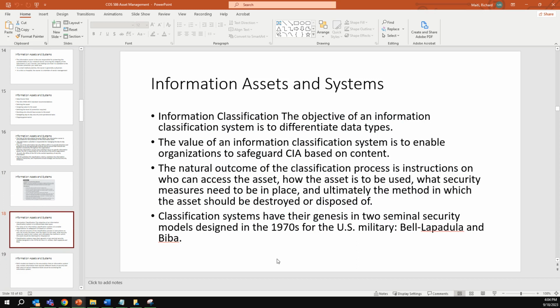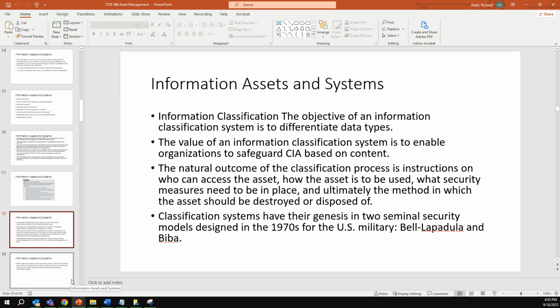Information classification: the objective of an information classification system is to differentiate data by the value of the information, the natural outcome of the classification procedure, and so forth. Classification systems have their genesis in two seminal security models that were designed by the U.S. military, Bell-LaPadula and Biba.